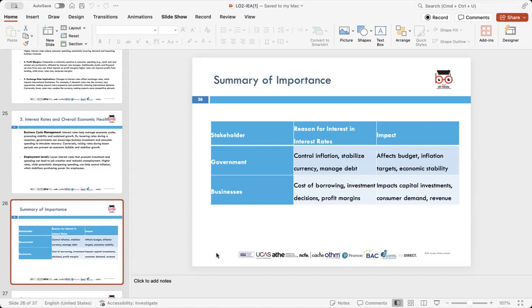Summary. Government stakeholders: the reason for interest in interest rates is to control inflation, stabilize currency, and manage loans or debts. Impact: affects budget, inflation targets, and economic stability.